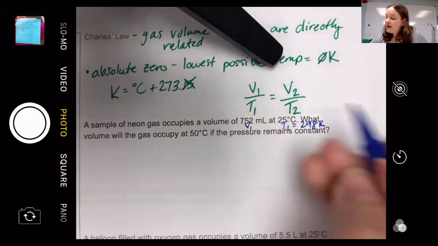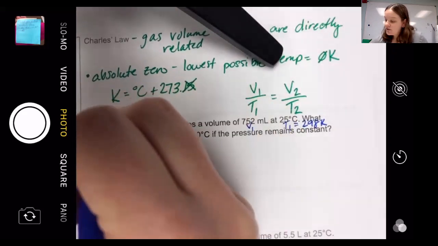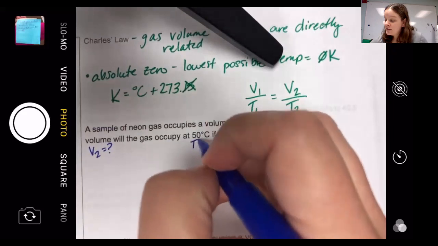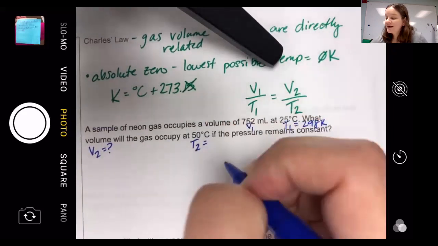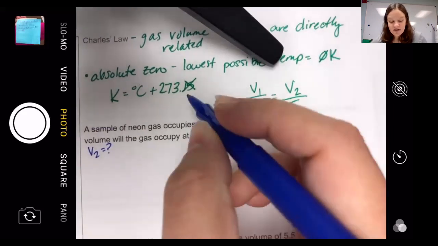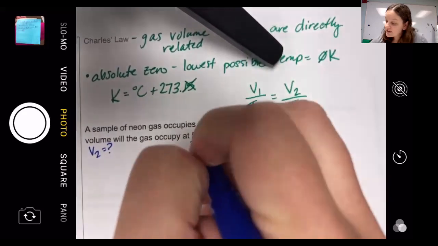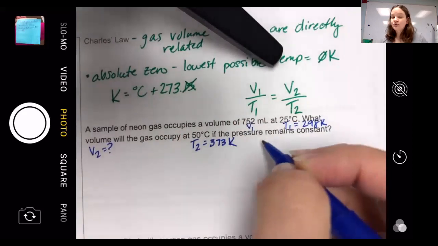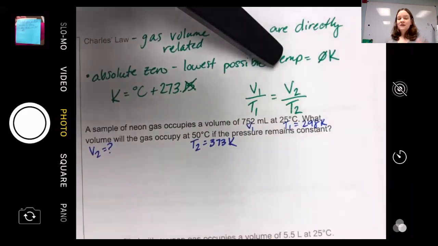I'm again going to find the new volume at 50 Celsius. But again, I have to add 273 to that. So that is 373 Kelvin. So if the pressure is the same and I increase the temperature, then what happens to the volume of my gas?